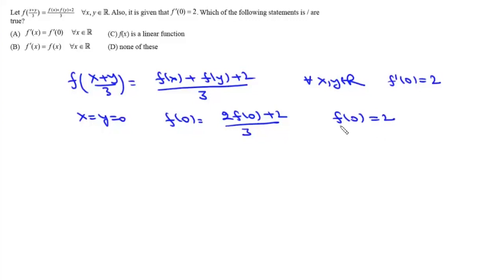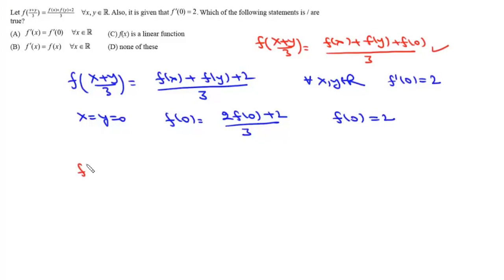Now we replace this 2 with f0. The condition becomes f of x plus y by 3 will be equal to fx plus fy plus f0 upon 3. Now we have already proved this question, but we are going to do it again.